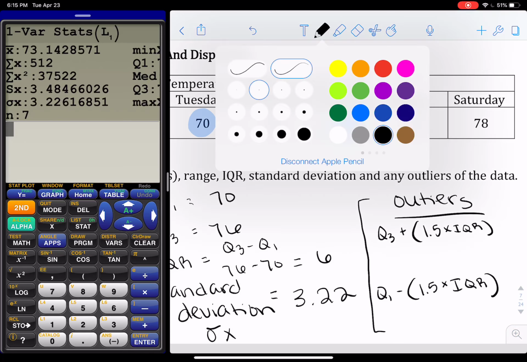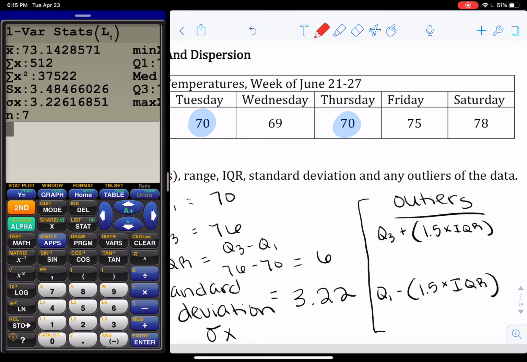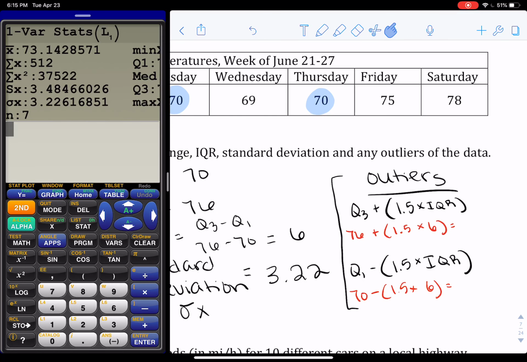So we said that Q3 was 76 plus 1.5, and we said the IQR was 6, so times 6. And then Q1 was 70. And if you're having a hard time with this, I would just type it in the calculator as is, so it can look just like this.